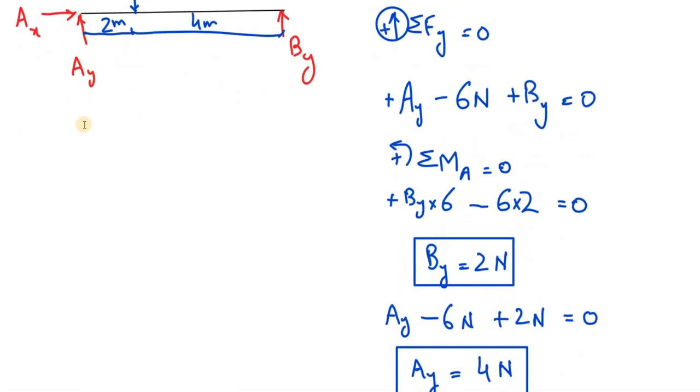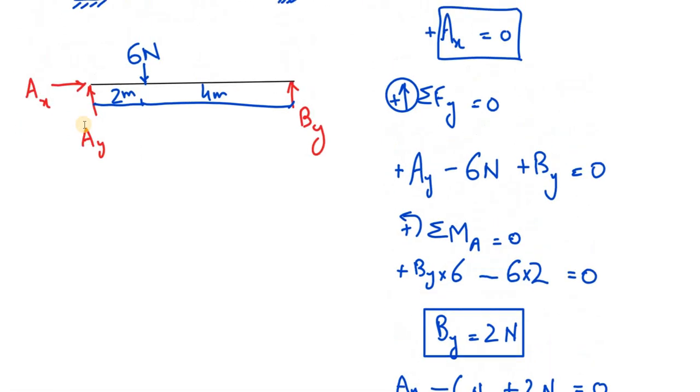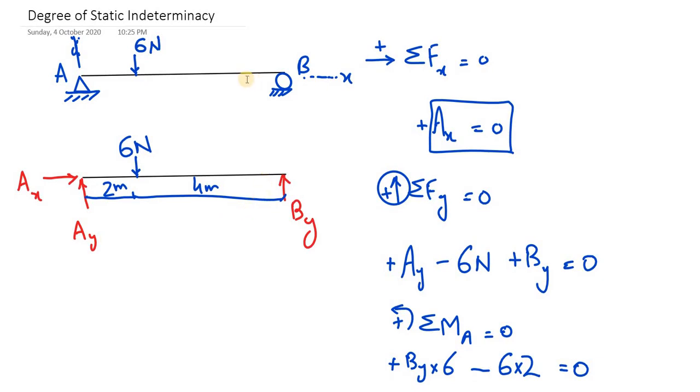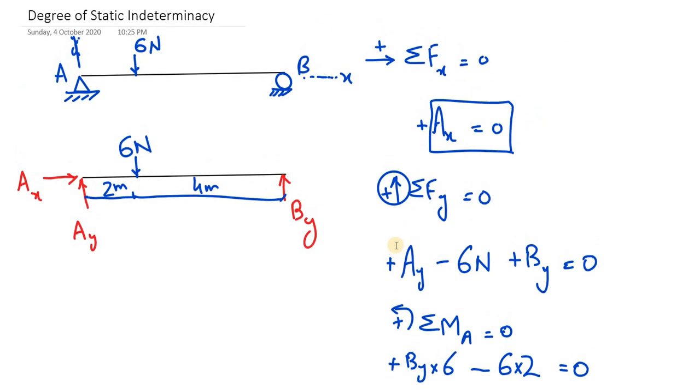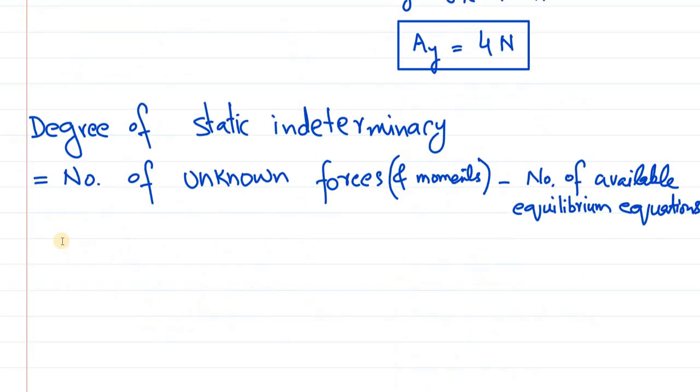Similarly, we have been able to determine all these reactions acting on this beam only by using equilibrium conditions. Such a structural member whose forces can be determined by using equilibrium conditions alone is called a determinate structure. The degree of static indeterminacy is equal to the number of unknown forces or moments together minus the number of available equilibrium equations.